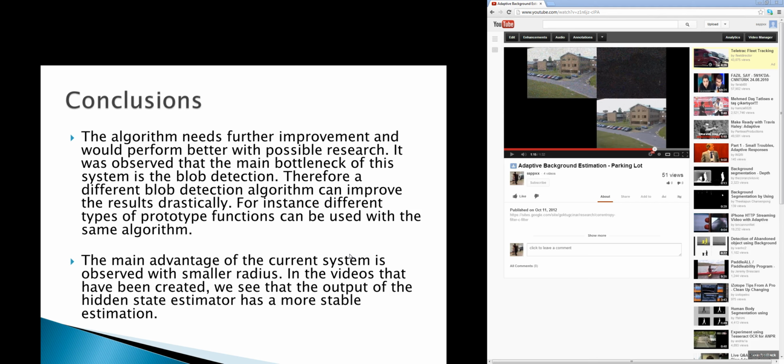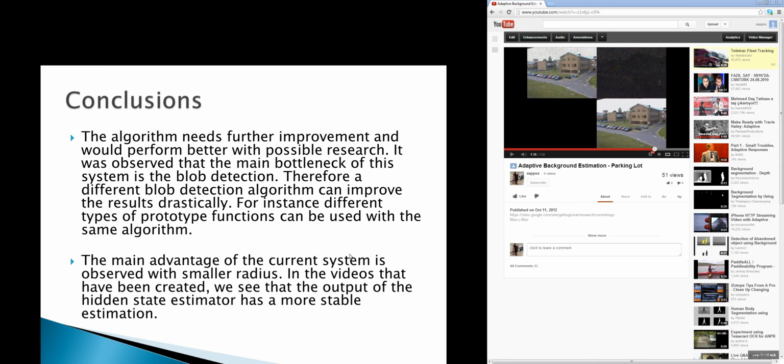The algorithm needs further improvement and would perform better with possible research. It was observed that the main bottleneck of the system is the blob detection. Therefore, a different blob detection algorithm can improve the results drastically. For instance, different types of prototype functions can be used with the same algorithm.